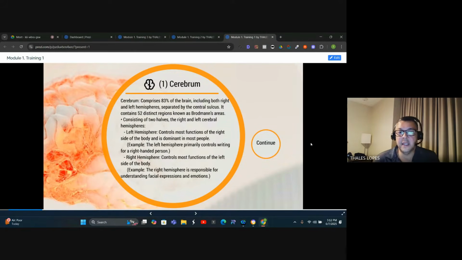It has 52 distinct parts. You do not have to memorize those 52 distinct parts. Mainly, you have to memorize absolutely the lobes. Each one of those 52 little parts is called a Brodmann area. I'm sure you have seen that before, but it's not important. You don't need to know those 52 areas.